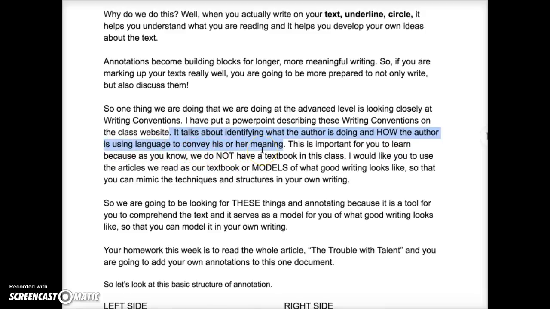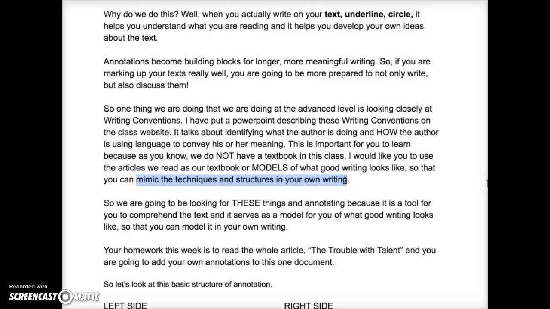As you guys know, we do not have a textbook in this class, so I would like you to use articles that we read as our textbooks or models of what good writing looks like. This means that you'll be able to mimic the techniques and the structures in your own writing, but you really do have to identify these first.